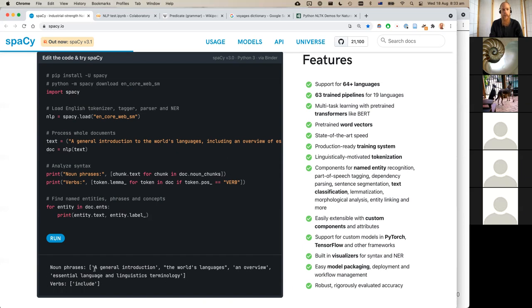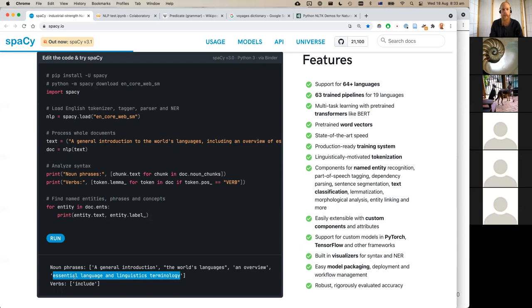A general introduction is a noun phrase. The world's languages is another noun phrase. An overview, and this much longer one, essential language and linguistics terminologies.